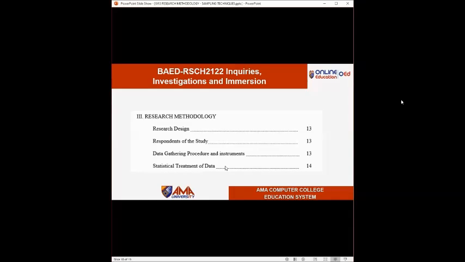So overall, ang ibig sabihin ng dalawang term, alam na natin yung pinagkaiba ng method saka methodology. Alam na rin natin kung paano kumuha ng sample size, and then sa kabuuan, yung ways of measurement natin na ginagamit.